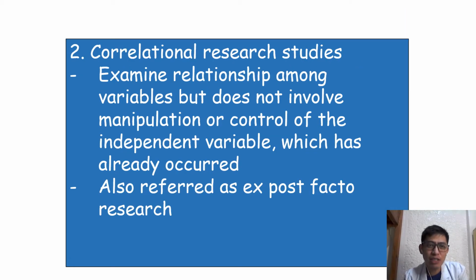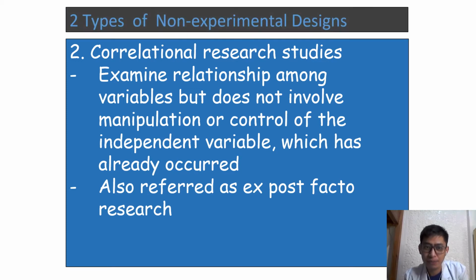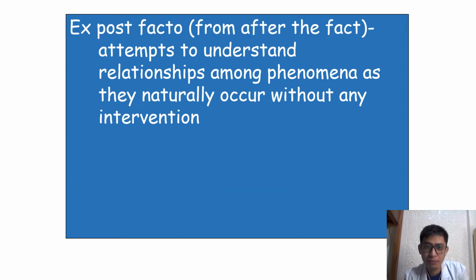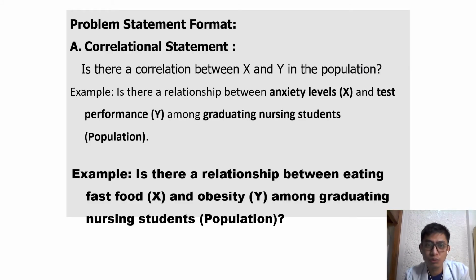Correlational research examines relationships among variables but does not involve manipulation or control. It is also referred to as ex post facto research. It attempts to understand the relationship among phenomena as they naturally occur, without any intervention. These are the examples.